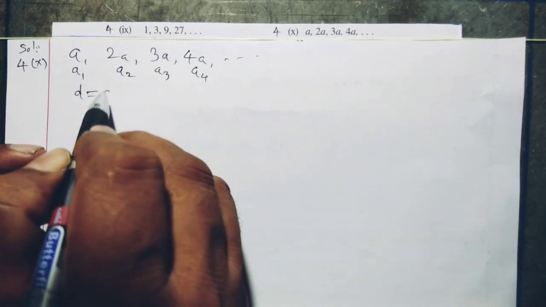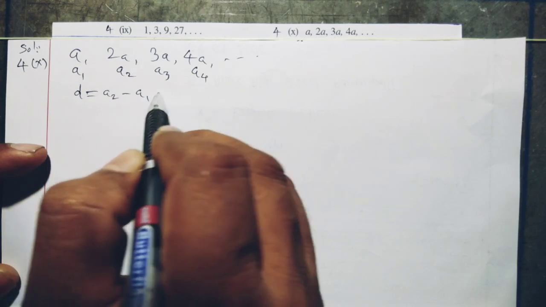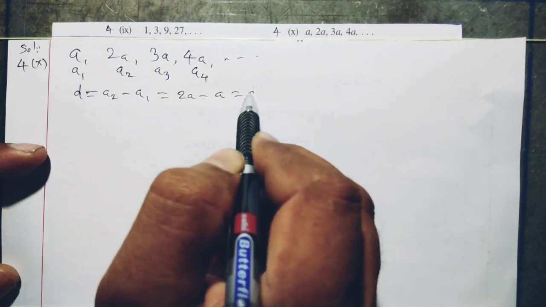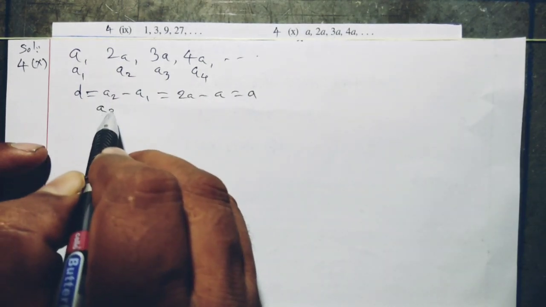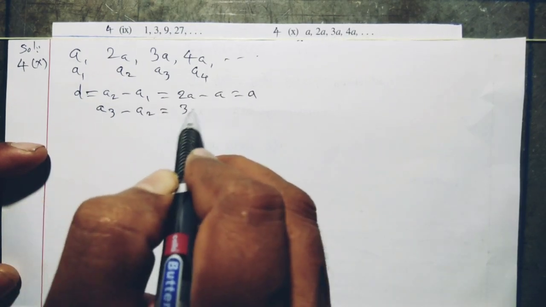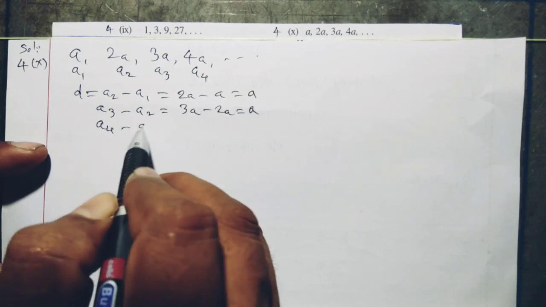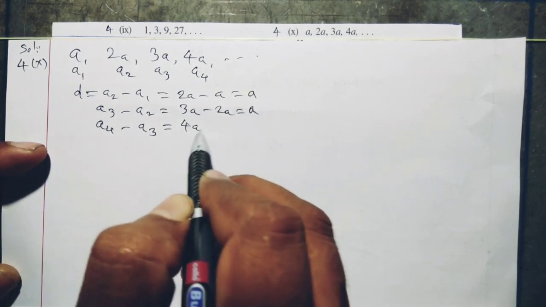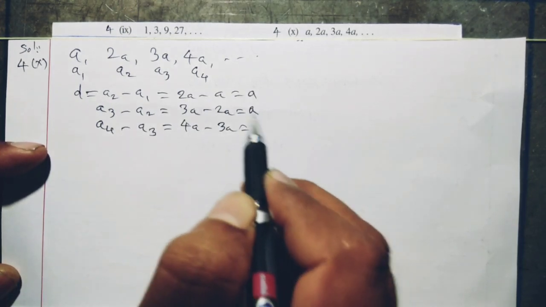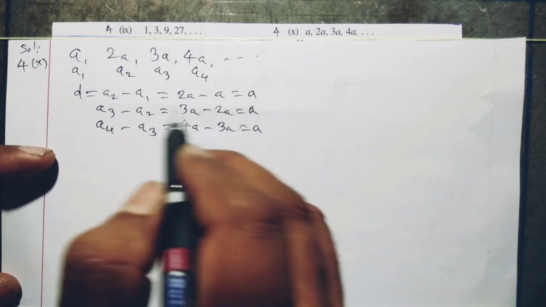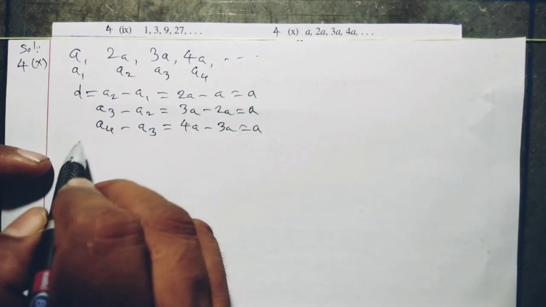Common difference: a2 minus a1 is a minus a, a3 minus a2 is 3a minus 2a, a4 minus a3 is 4a minus 3a, which is a. In all, the common differences are equal.